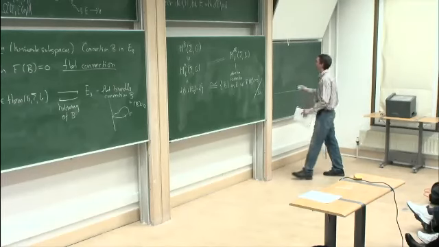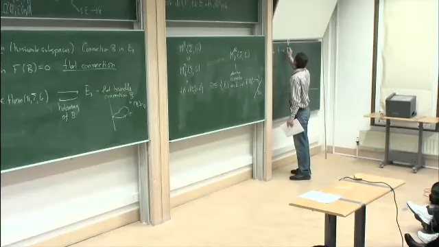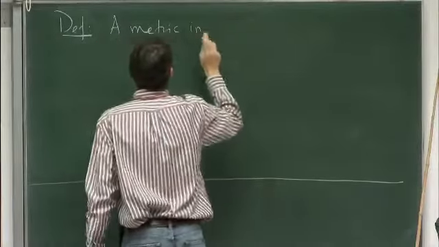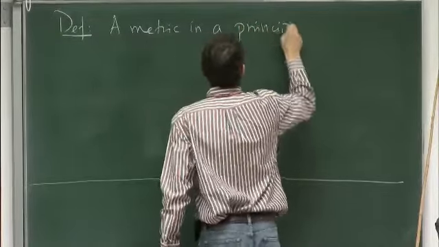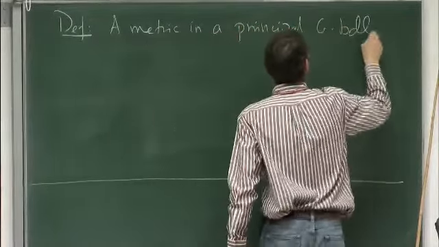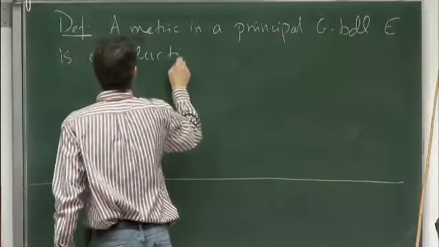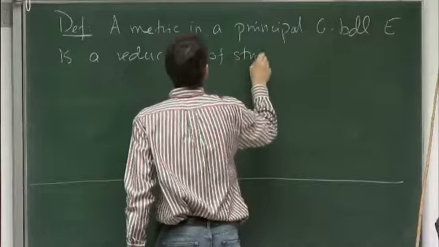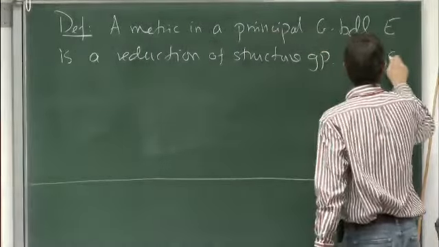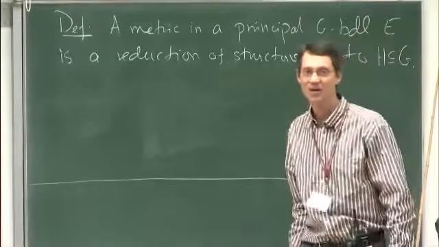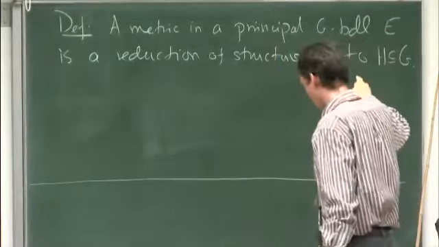So let me make the following definition. A metric in a principal G bundle E is a reduction of structure group to the maximal compact H. So for instance, if your group G is the general linear group over C, then the maximal compact is the unitary group.